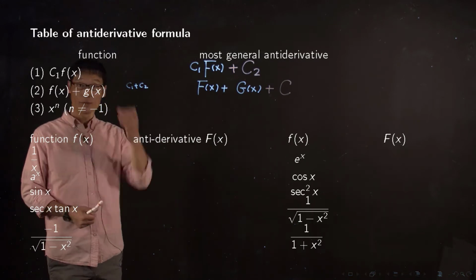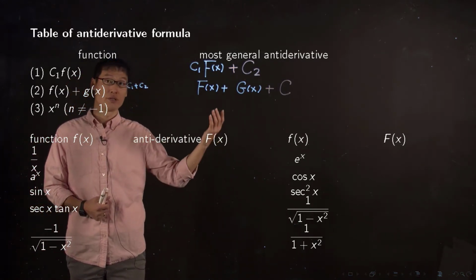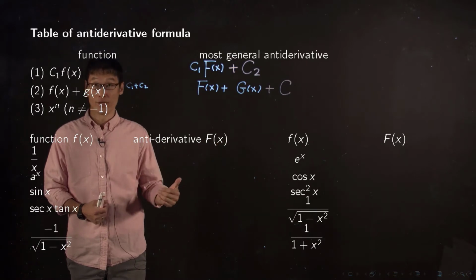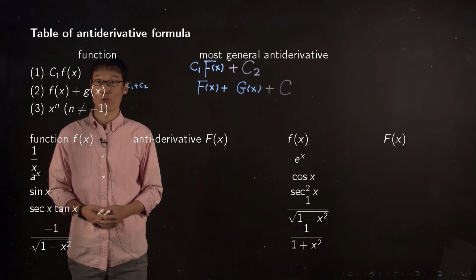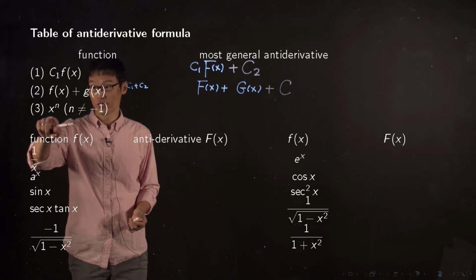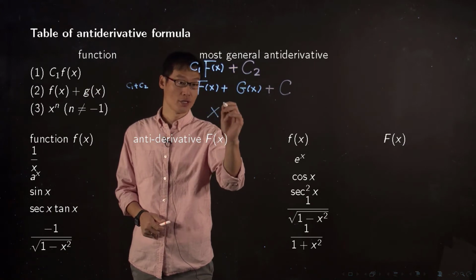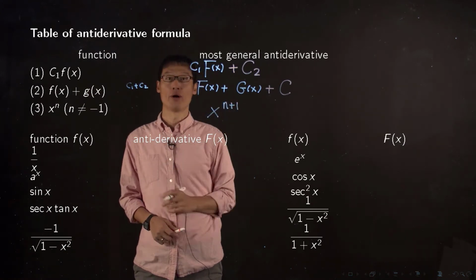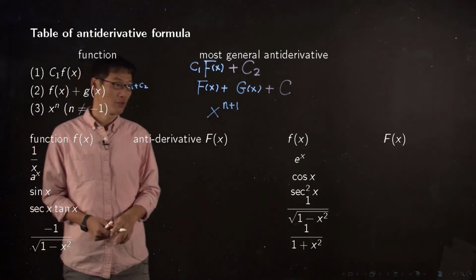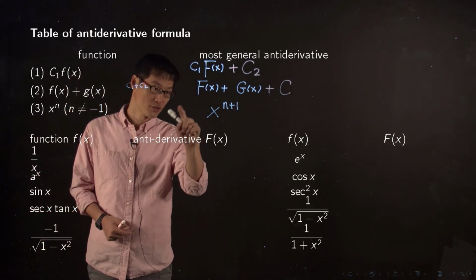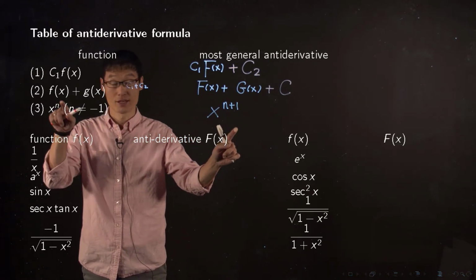And then number three, the power rule says when you take derivative, the power will decrease by 1. When you take reverse operation, the power will increase by 1. So antiderivative of x to the nth power is going to be x to the n plus first power up to some coefficient. You want to determine some coefficient so that derivative of this is exactly x to the n.